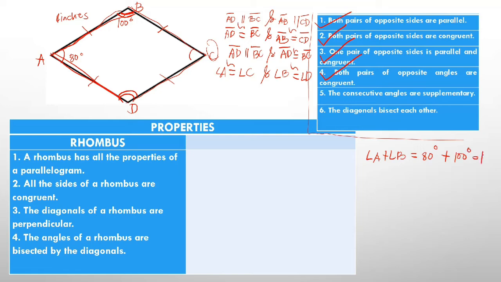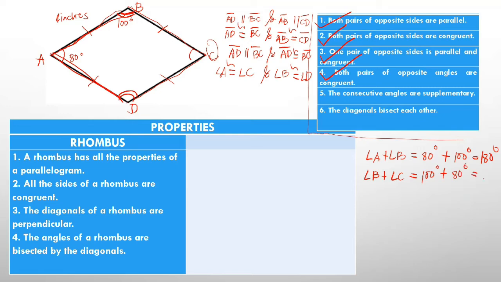So it is a supplementary angle. Next consecutive angle is angle B plus angle C. So angle B is equal to 100 degrees plus angle C, since we don't have a measurement for angle C, but it is congruent to angle A, therefore it is 80 degrees. Then it is equal to 180 degrees.